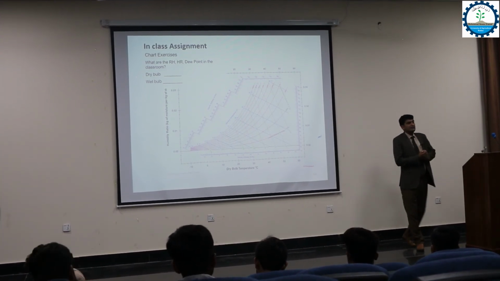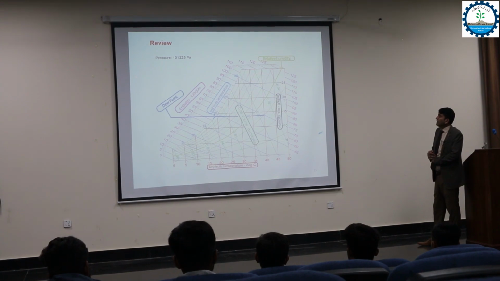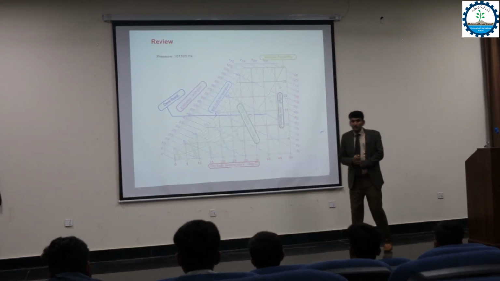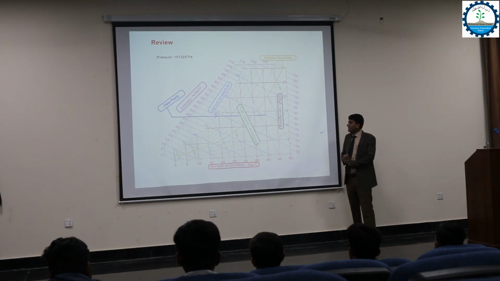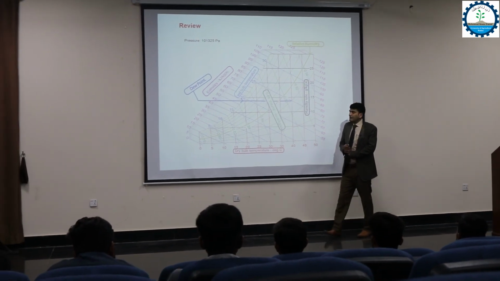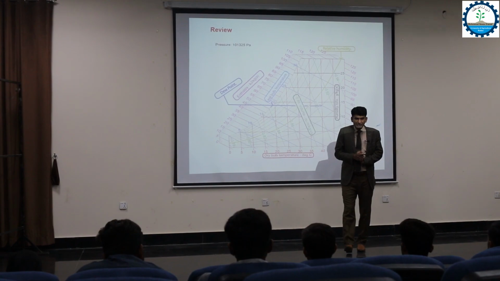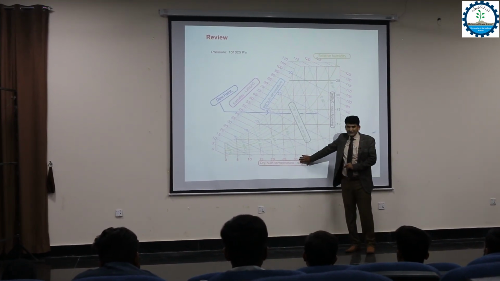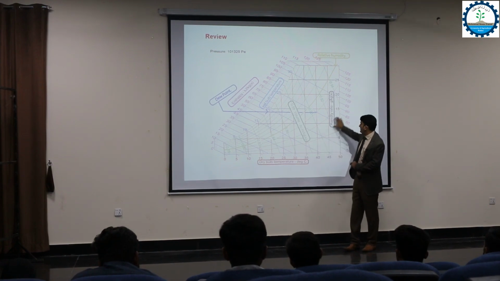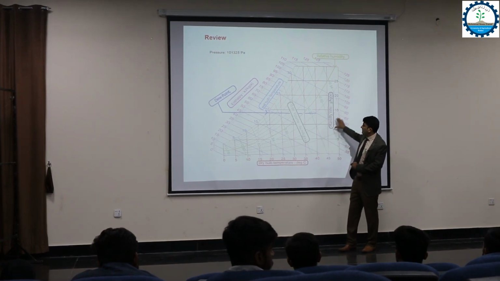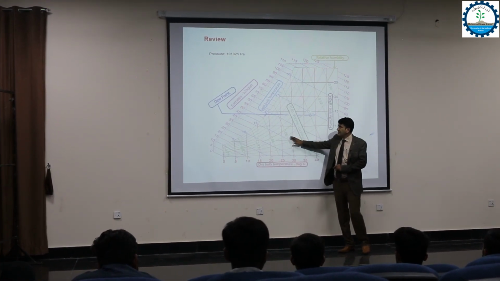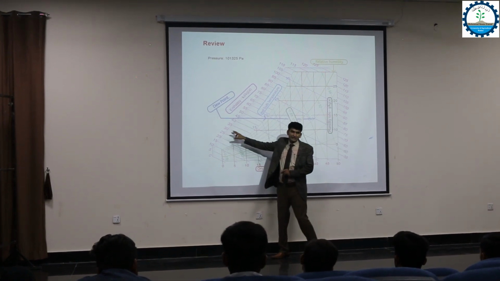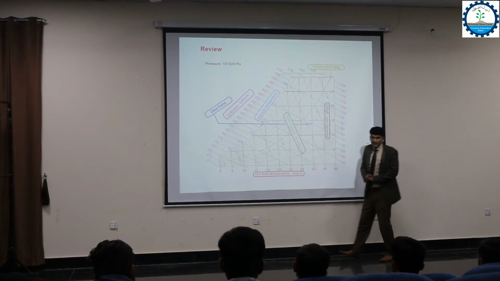In the next slide, again a review for you to memorize: how to read the psychrometric chart. What are the horizontal lines? What are the vertical lines? What are the diagonal lines? And what are the diagonal lines about predicting the enthalpy?